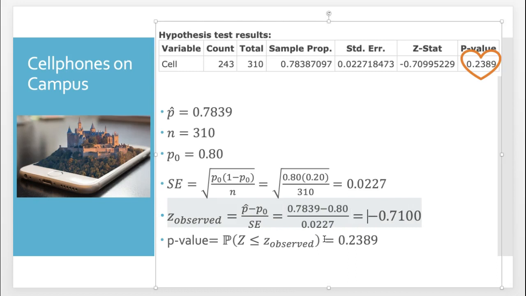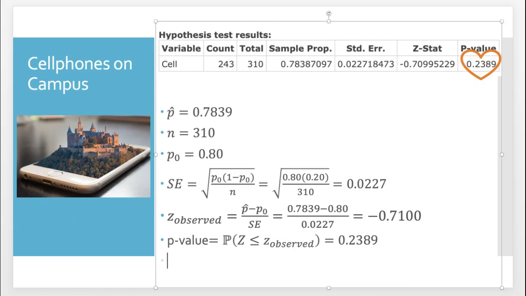That quantity is equal to roughly that number. I rounded this z stat at the 4th decimal, so you get 0.001. That's how we found the p-value, and that's what it's equal to right there.